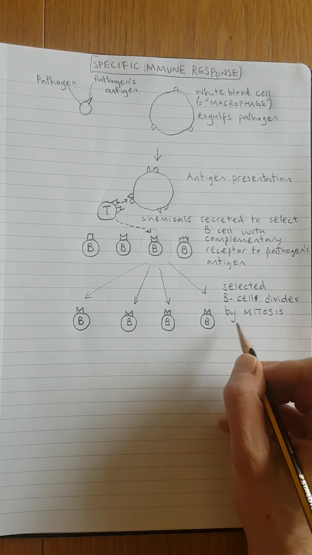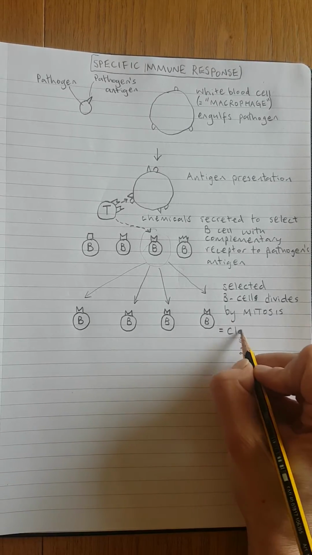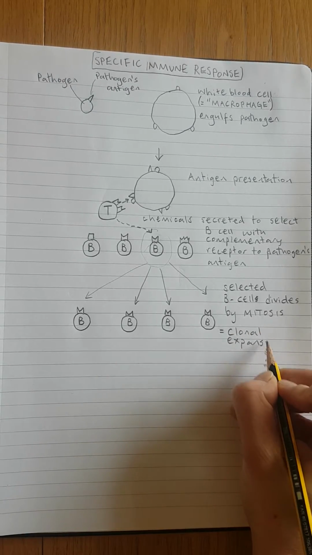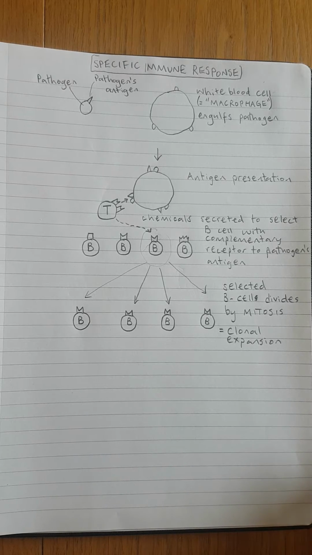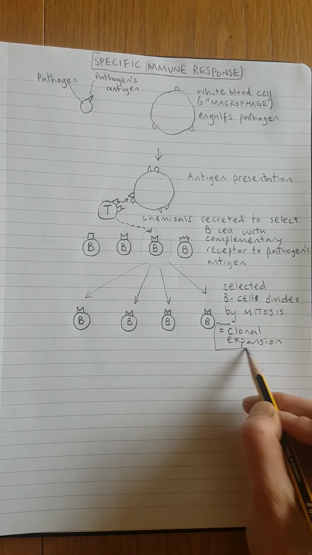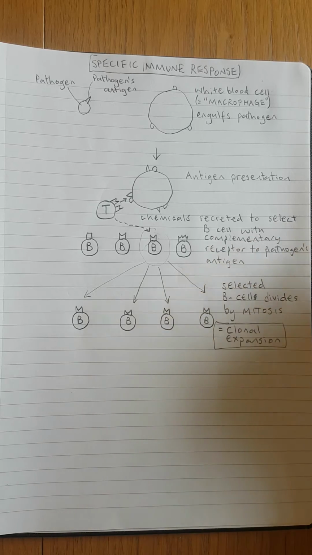This stage is called clonal expansion. Expansion is to do with the increasing number of B cells that have all got the same receptor. And if we just go back, I've just put a little box around that, that's the name of the stage. And if we go back, I didn't mention what this stage was called, but this stage is called clonal selection.